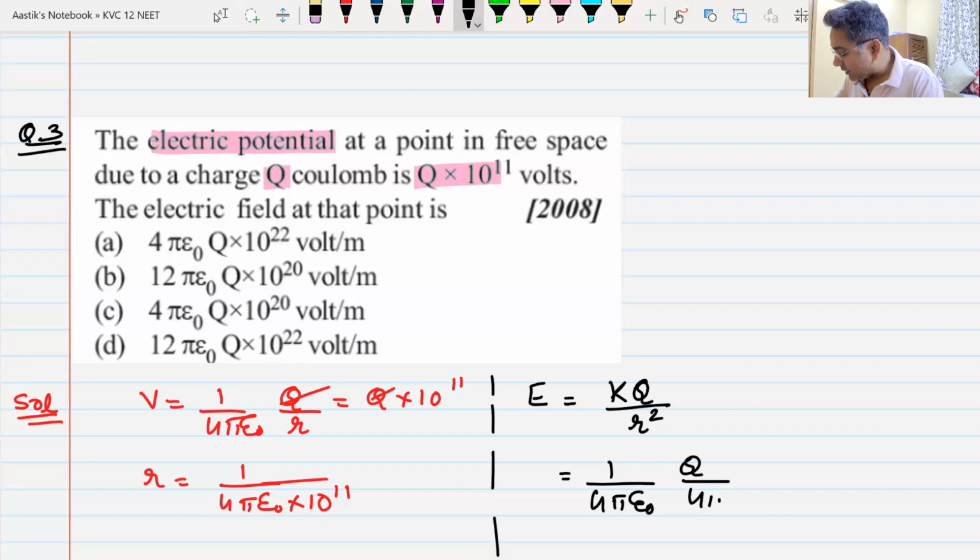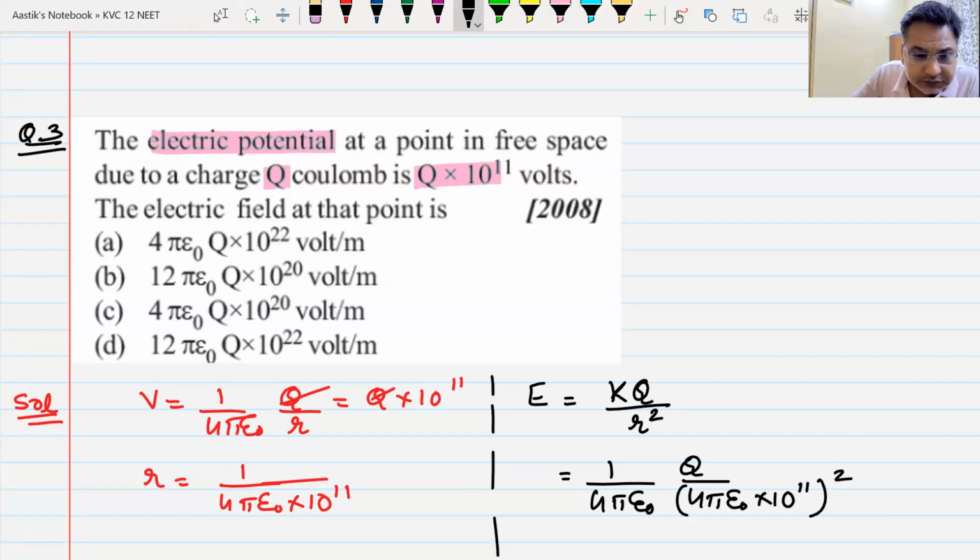So basically I have to square it: 1 by 4 pi epsilon naught into 10 raised to the power 11, squared. Have I done it correctly, or is there a mistake?